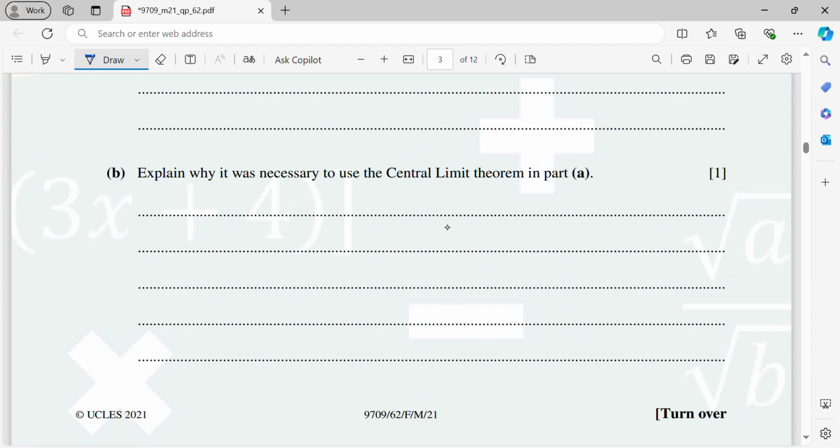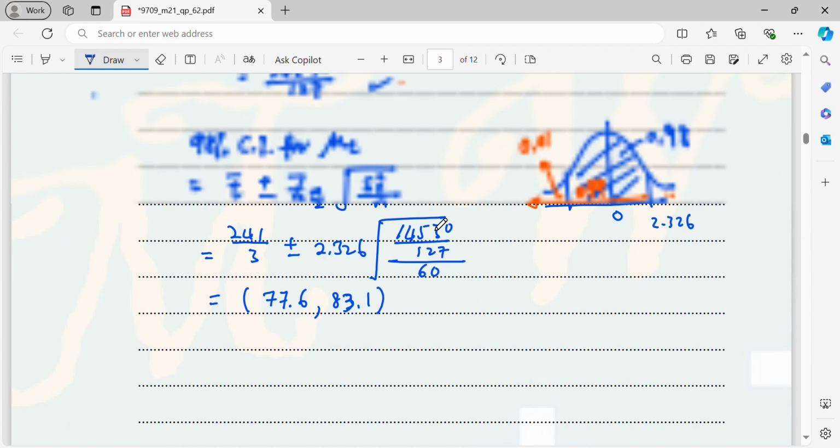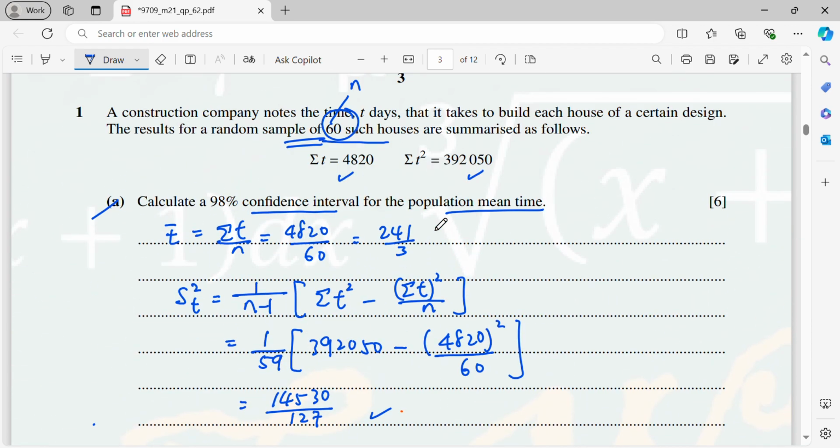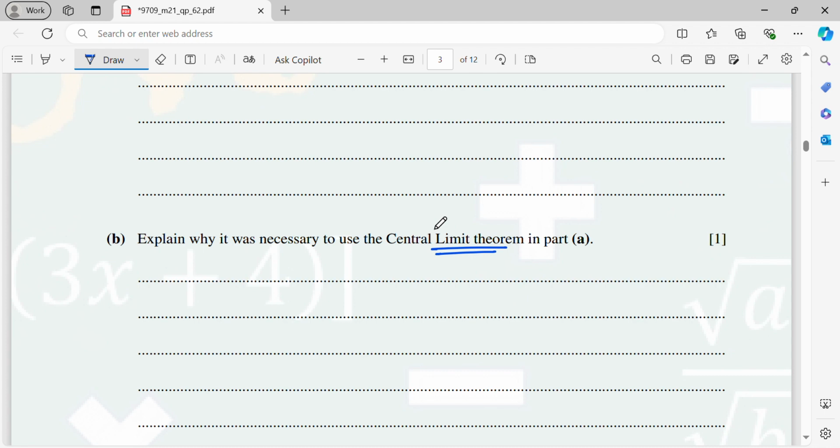Now B, explain why it was necessary to use the central limit theorem. As I mentioned just now, you are not given the population distribution. So probably you can just write the population's distribution is unknown.